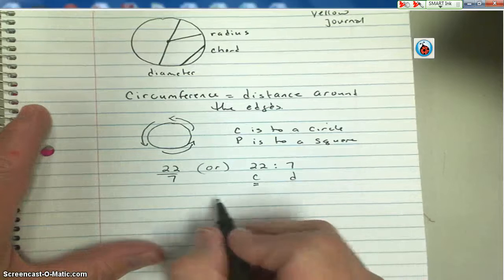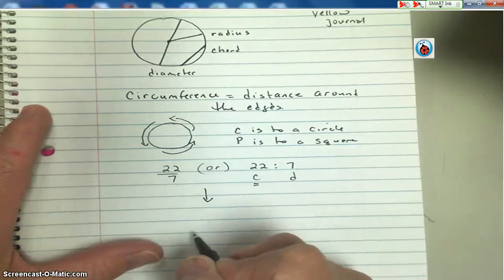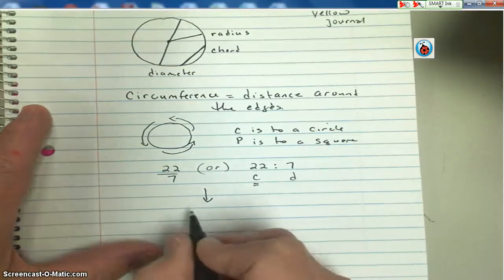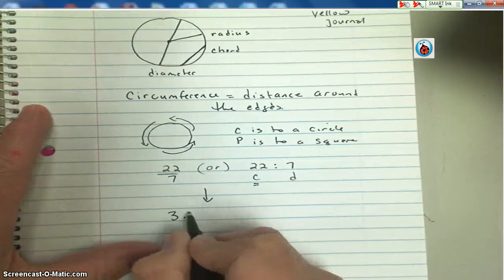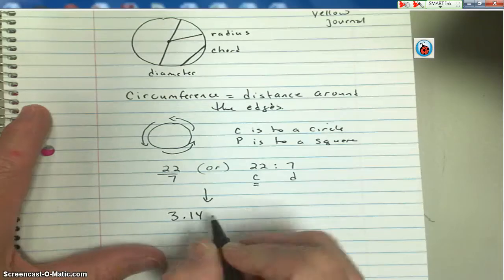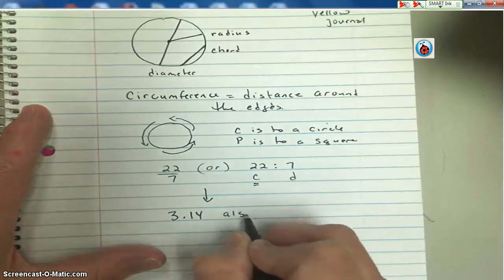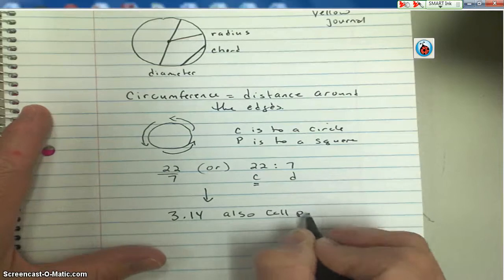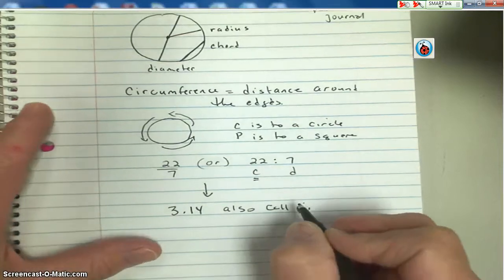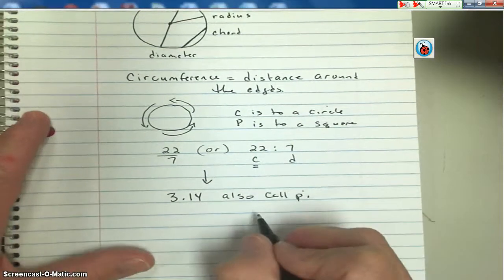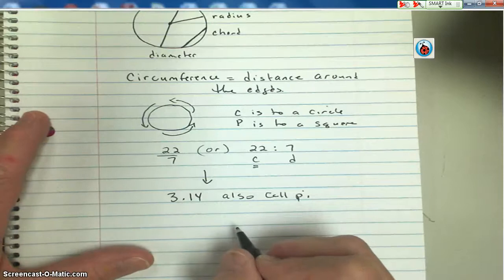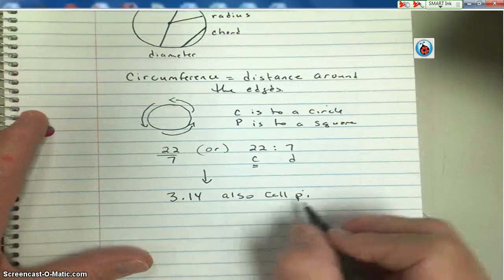Now this ratio can also be written as a decimal number, which is 3.14, which is also called pi. You maybe have heard of that. It's also a Greek letter.